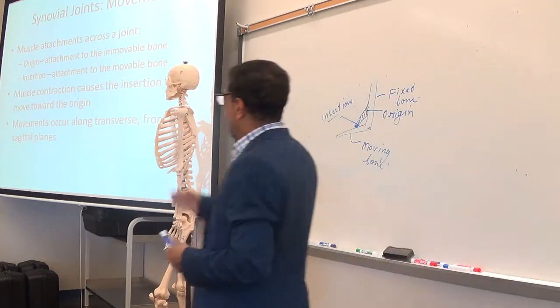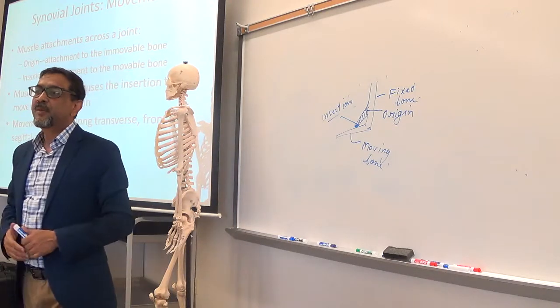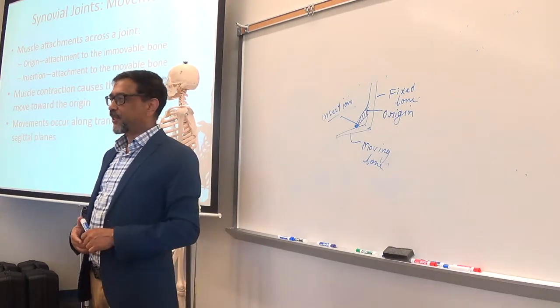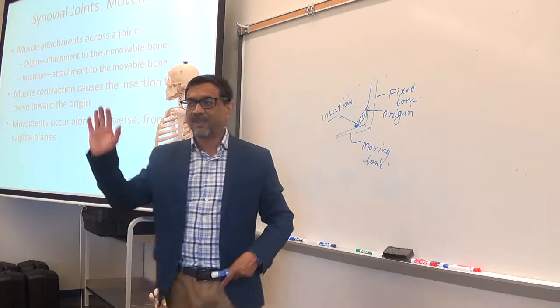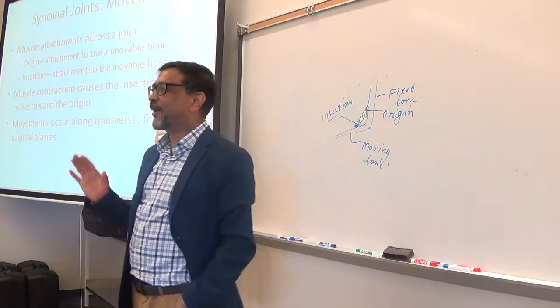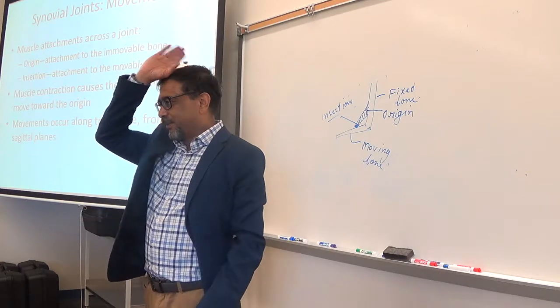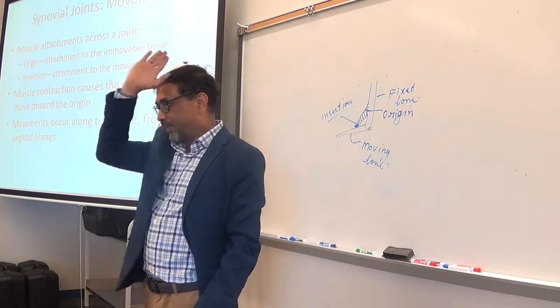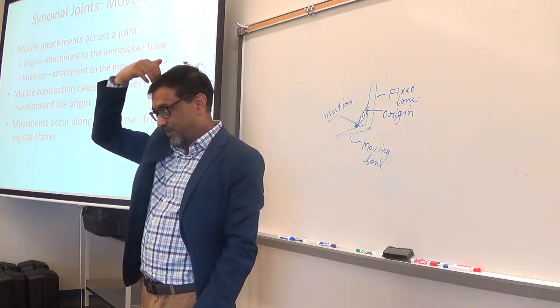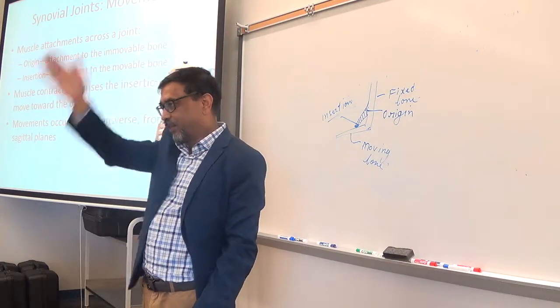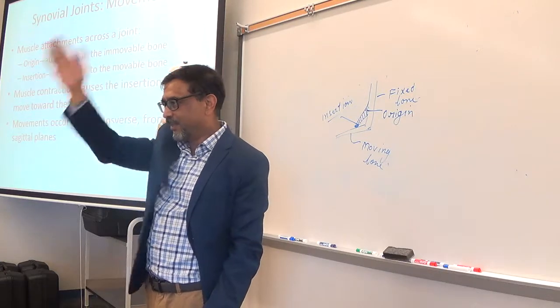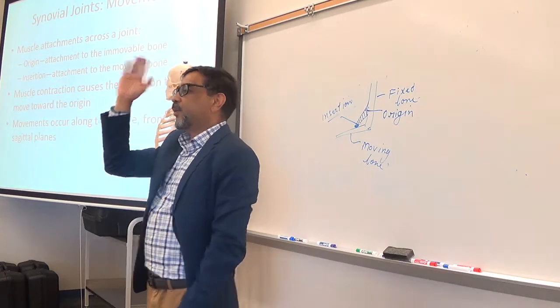Now movement occurs in three planes: transverse plane, frontal plane, and sagittal plane. I explained that in your lab part on day 1. Now, which direction is this? Sagittal, right? Remember sagittal suture here? So this way is sagittal. Make sense? So now you look at me.